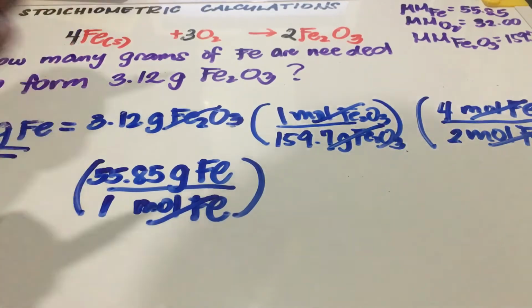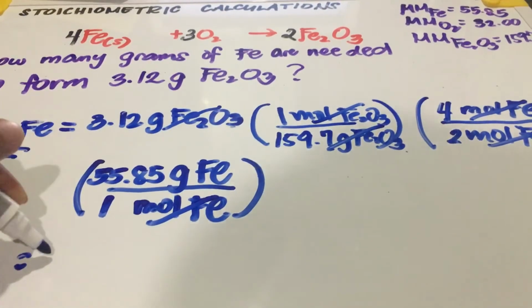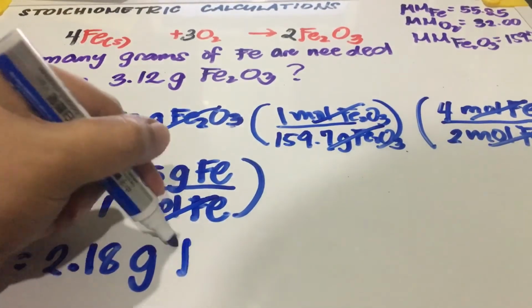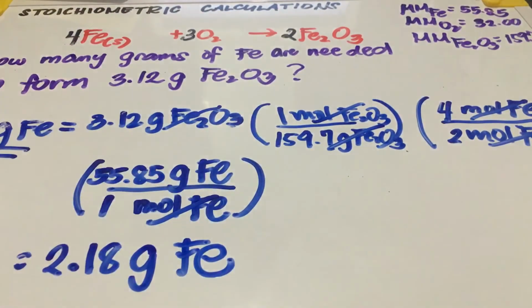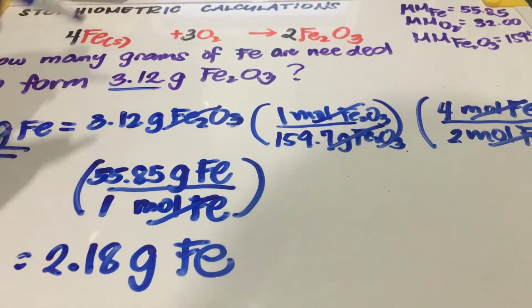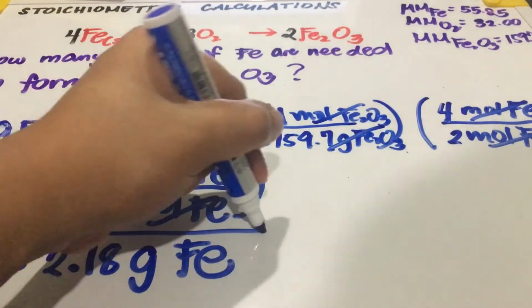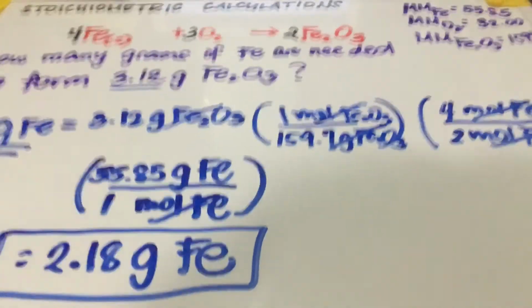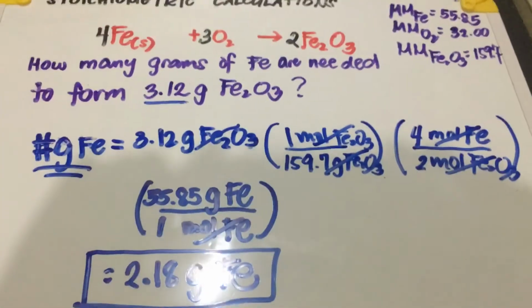So here we have 2.18 grams of iron. That's our answer. It's 2.18224, but we ended up with 3 significant figures since we have 3 significant figures in our given. So here is how the solution looks.